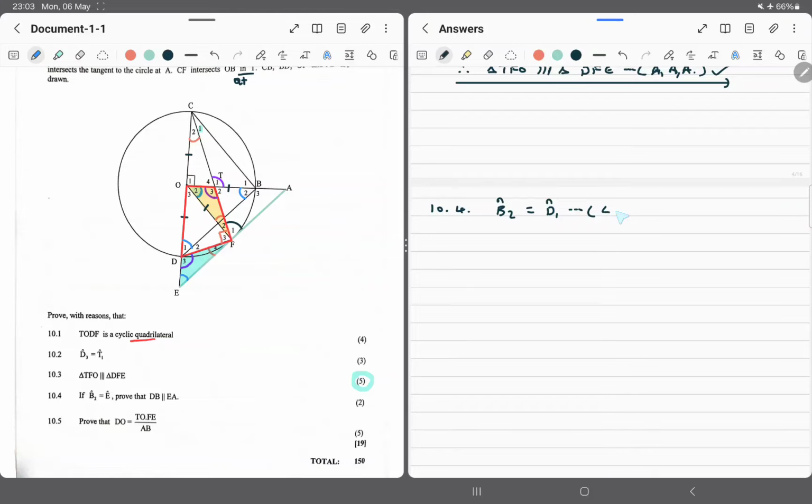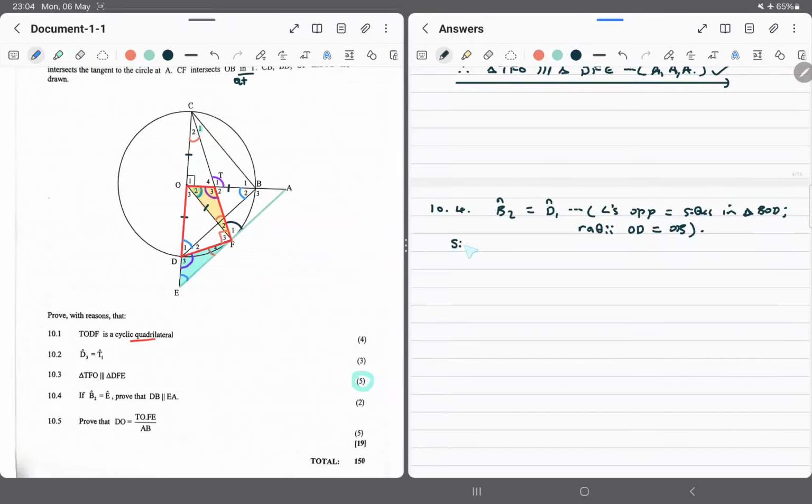The story is that these are angles opposite equal sides in triangle BOD. We know that with radii, OD is equal to OB. All right. Now we've justified that.